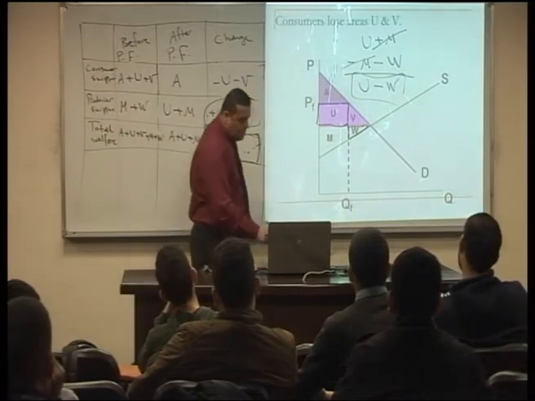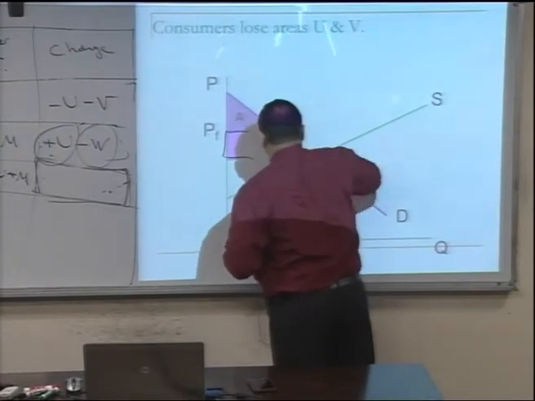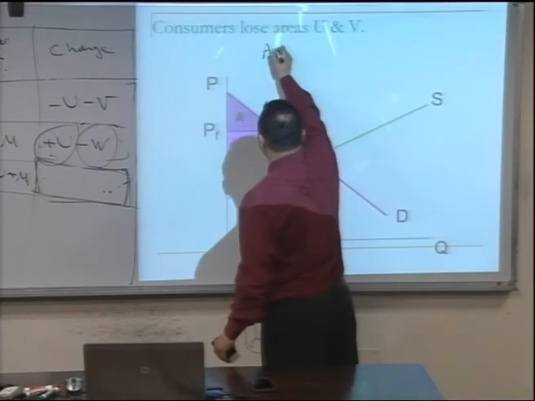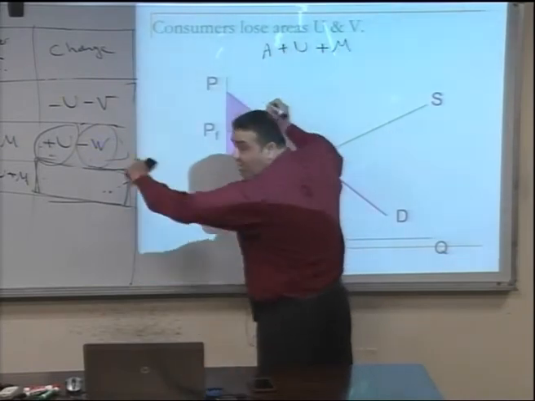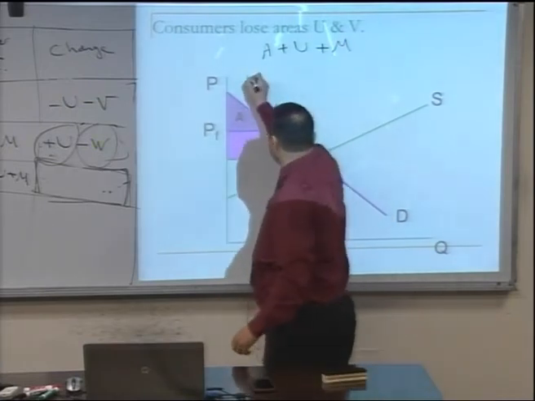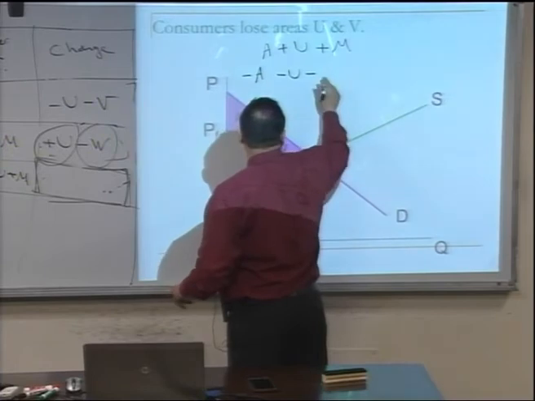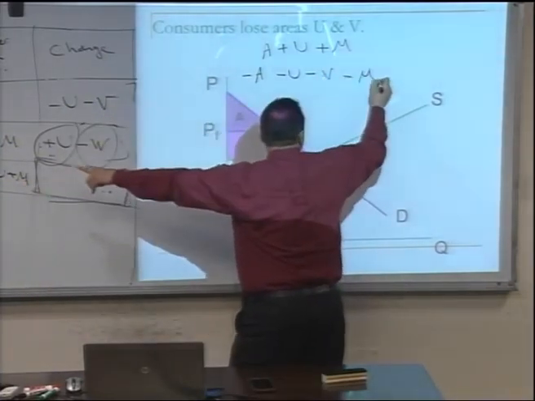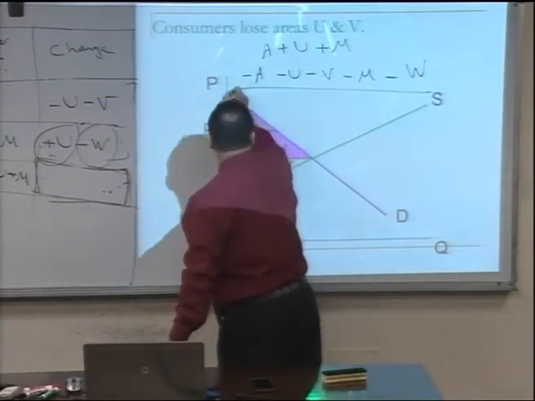The final change in the community, in the social welfare, is A plus U, A plus M, minus all these areas: minus A, minus U, minus V, minus M, minus W. What do you see?